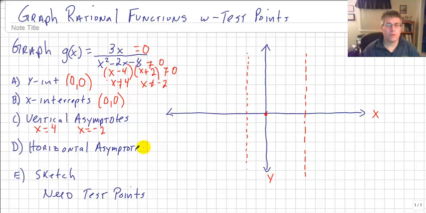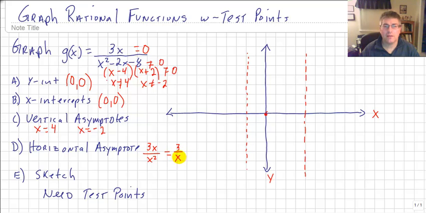Let's take a look at our horizontal asymptote. We want to compare our largest degree of x in the numerator and our largest degree of x in the denominator. So for our horizontal asymptote, we're going to evaluate 3x over x squared, which simplifies to 3 over x. And then we ask ourselves, what happens when x gets really, really big?